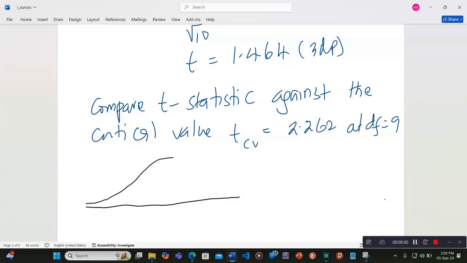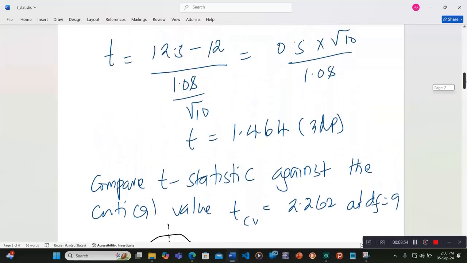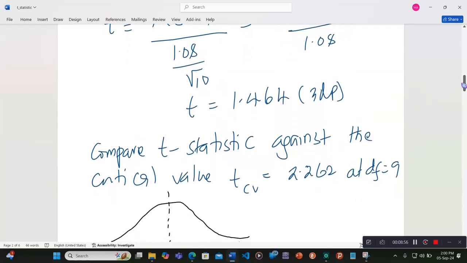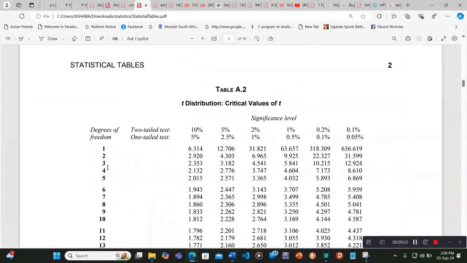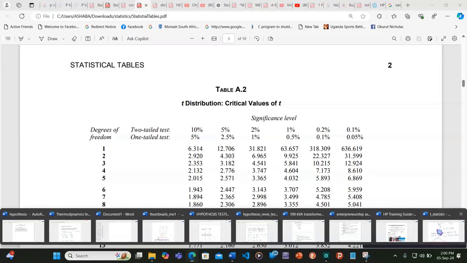The 2.262, when we check at the degrees of freedom 9, represents the significance level of 5%.